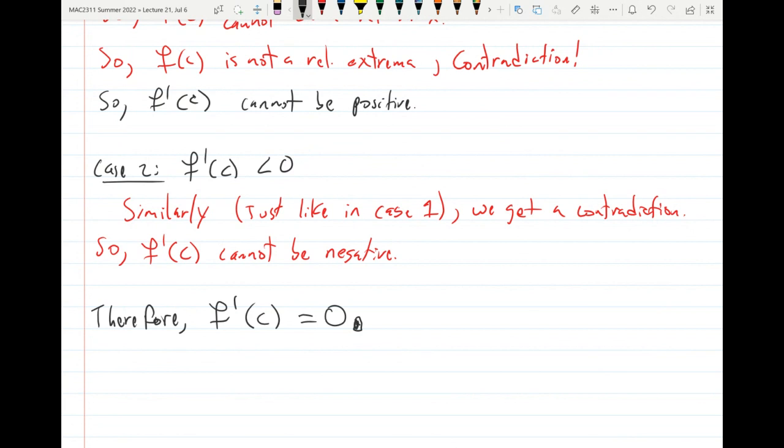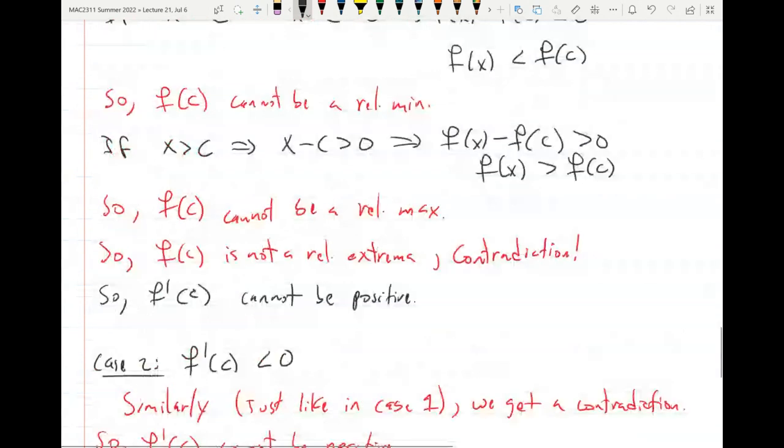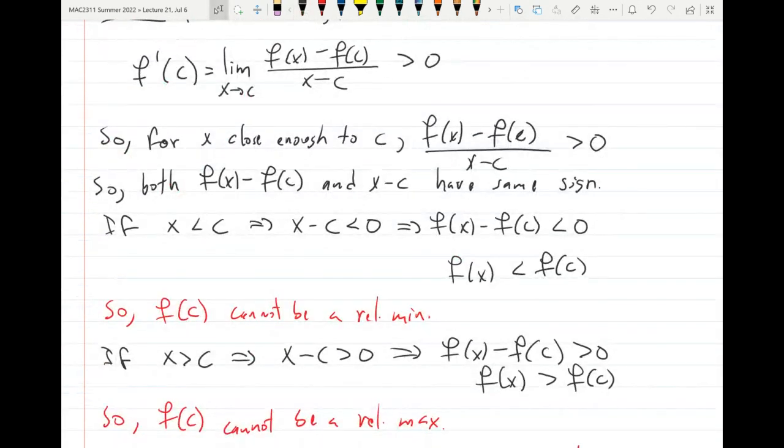Okay? Again, it's exactly the same idea that we did above, literally the same. It's just that instead of greater than, it will be less than 0. So here, you have to say that this is negative, and then just switch around in this statement. Instead of saying they have to have the same sign, they have to have opposite sign. Because a fraction negative means one has to be positive, the other one has to be negative. Okay? Doesn't matter which one it is, but they have opposite sign, and then you play the same thing.